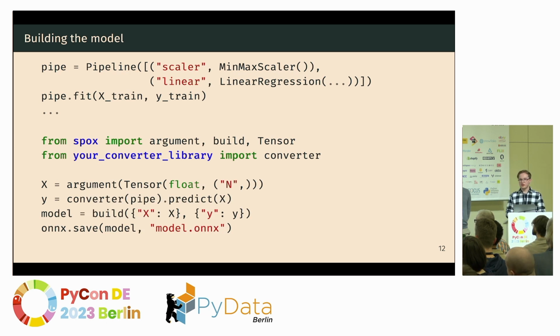And Onyx is actually strongly typed and statically typed as well. So the way we're going to say, oh, this variable is going to arrive at runtime, we're going to introduce something called an argument. An argument is just a placeholder for data of a given type. So say here I have a tensor type, which is just a fancy way of saying array in this case. And it's a float64 array, which is just a vector.